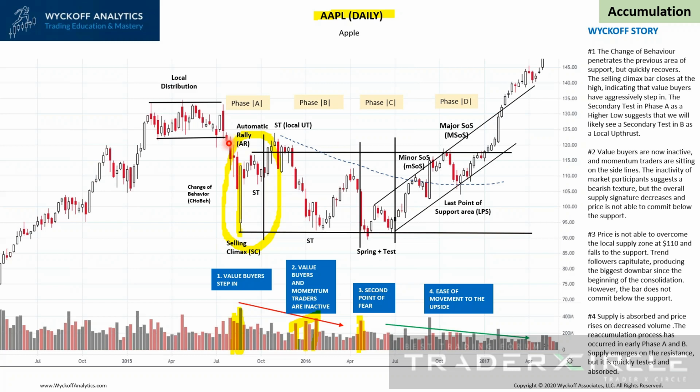Look how in this case the consensus of investors around this price zone is very, very high. In just a few hours, Apple is sold out. Look at the velocity of this huge automatic rally. As usual, the selling climax and the automatic rally defines the boundaries of the trading range.